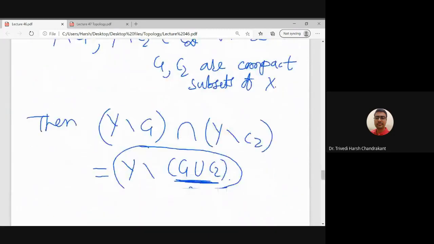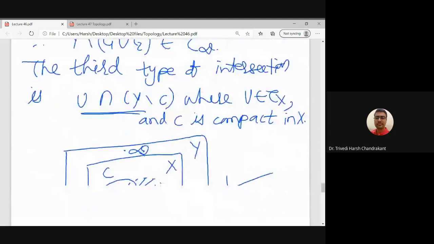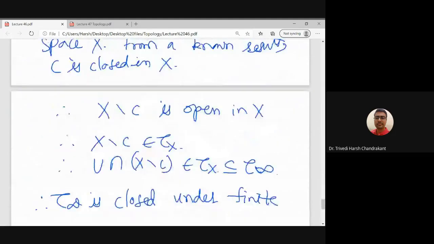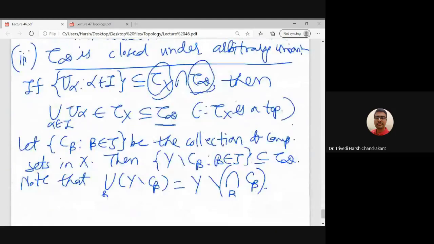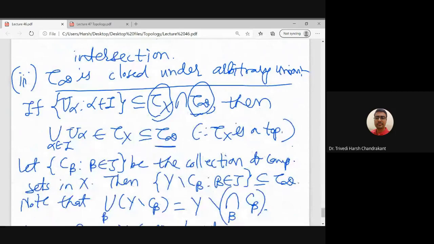So that we have verified, and then we were verifying the third step, that tau infinity is closed under arbitrary union. So for arbitrary union, we started with one particular collection of arbitrary elements of tau infinity. So there are three cases.